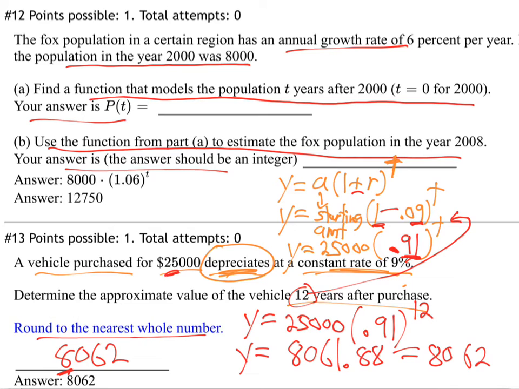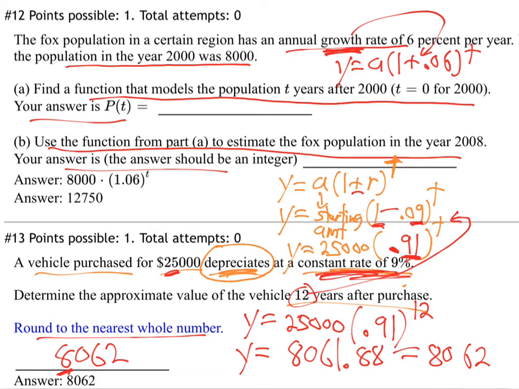So whenever they give us a question and there's a constant rate. So these last two problems, the Fox problem, it was a growth rate. So that was a(1 + 0.06)^t, because growth means increasing.